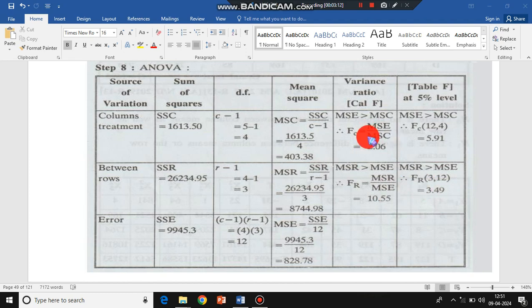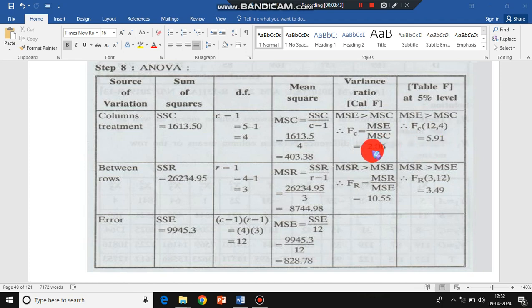Now look at that. The calculated value of f is less than the table value of f. I repeat again, the calculated value of f column wise is 2.06, which is less than the table value of f column wise, that is 5.91.